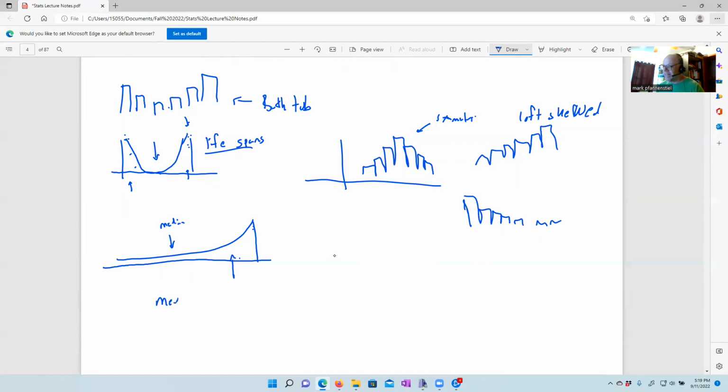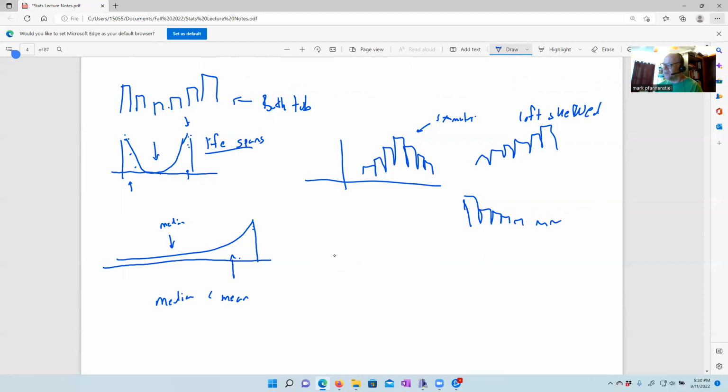So when your median is less than your mean, don't memorize this, by the way. They ask you in the homework. I try not to pick questions that do this for quiz questions because this is a thing you could look up. Just realize that if they aren't the same, that means the data is skewed in one direction.